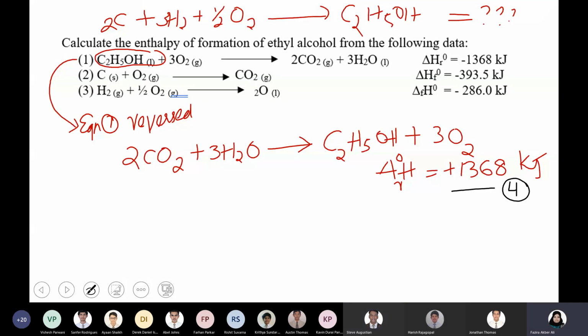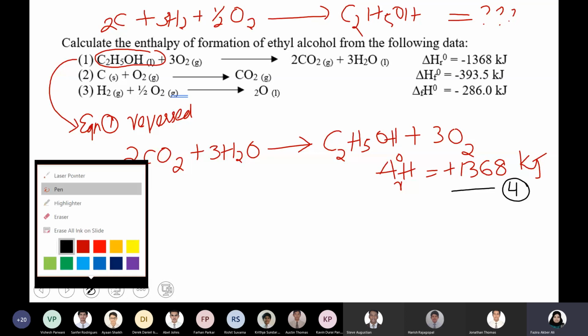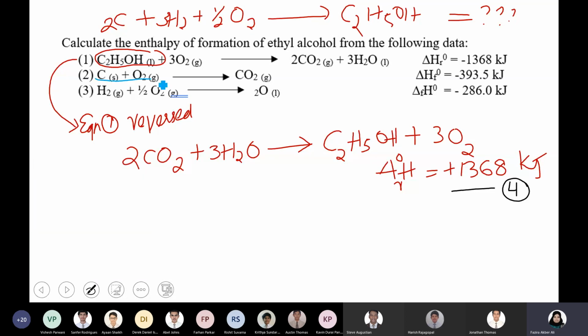That step can be easily identified. In this question, you have 2 moles of carbon and 3 moles of hydrogen reacting. But if you look at equation 2 and equation 3, 1 mole of carbon and 1 mole of hydrogen is there, right?